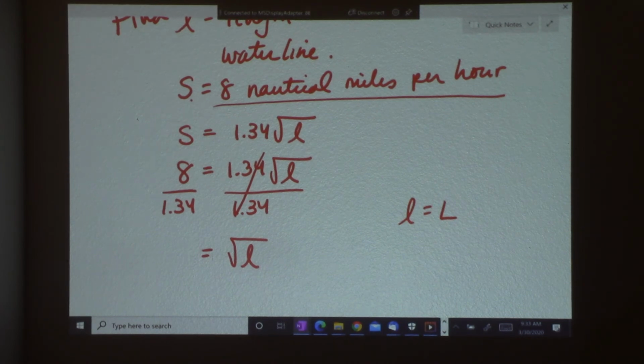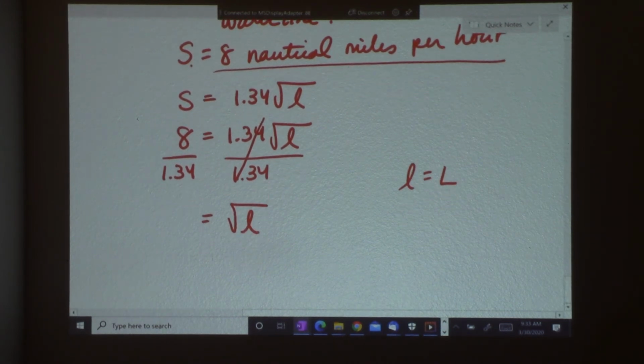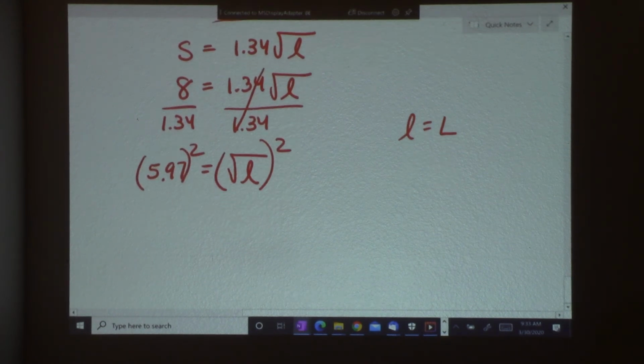All right. So then I have, let me figure that out. 8 divided by 1.34 is 5.97. And now I'm going to square both sides. So L is out of the square root.